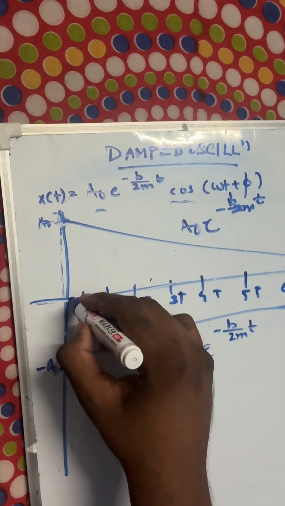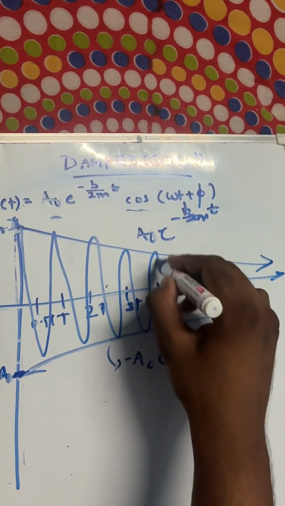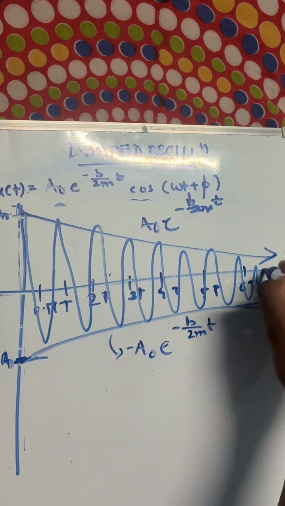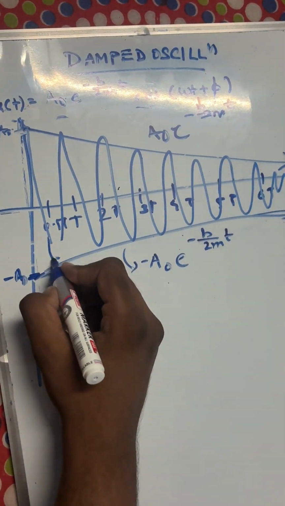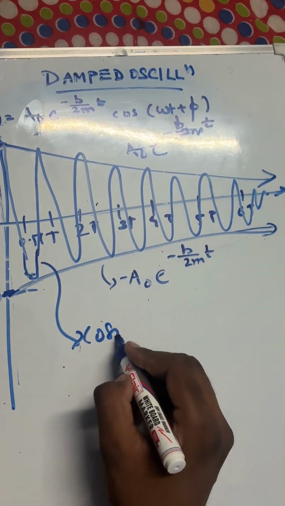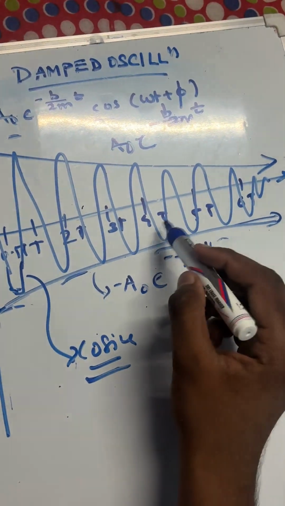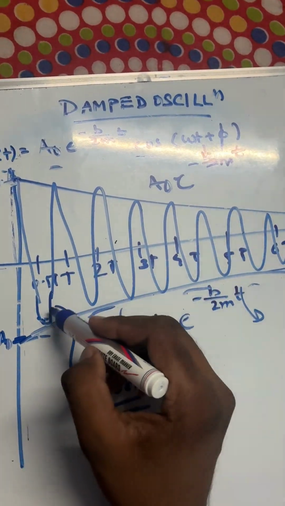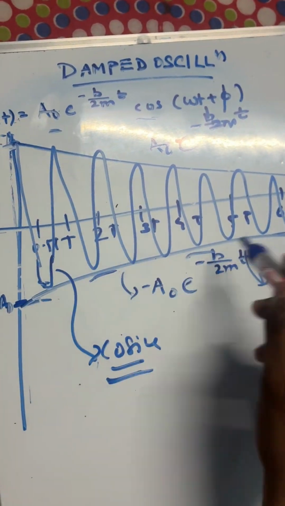So now it oscillates between this, like this. You can see it's an oscillating function, and this is the actual function. This is the cosine curve. This is the envelope, and this is the cosine curve in between the envelope.